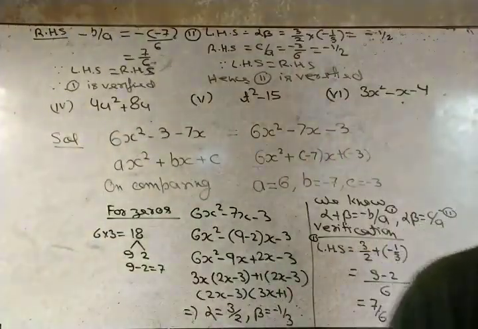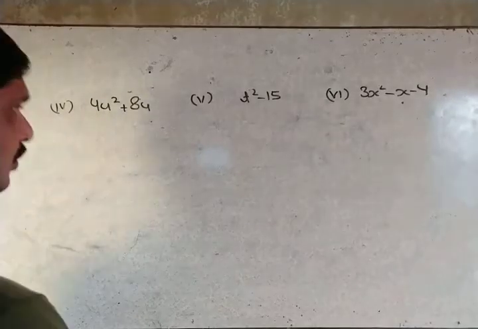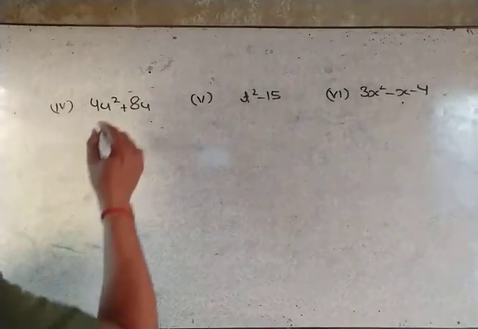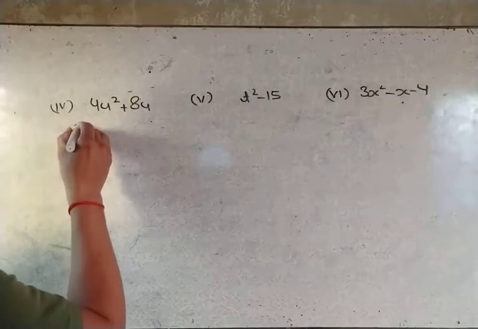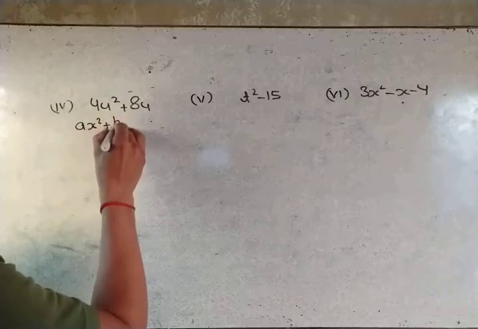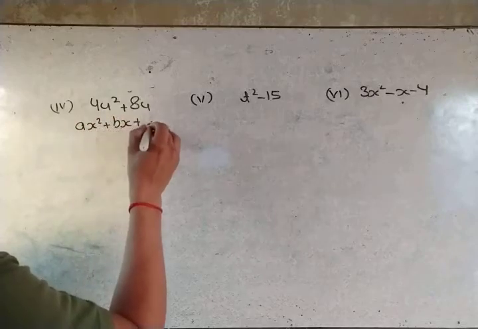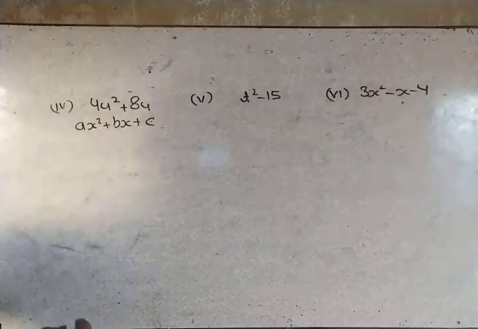Please pause the video and note it down. Now we will compare this equation with the general equation ax square plus bx plus c, and here the variable is u.